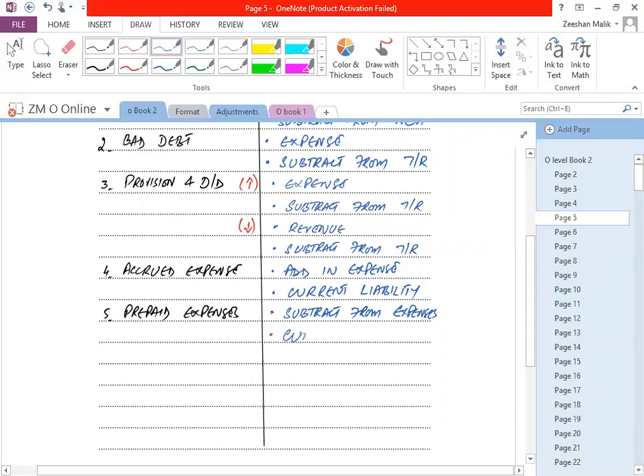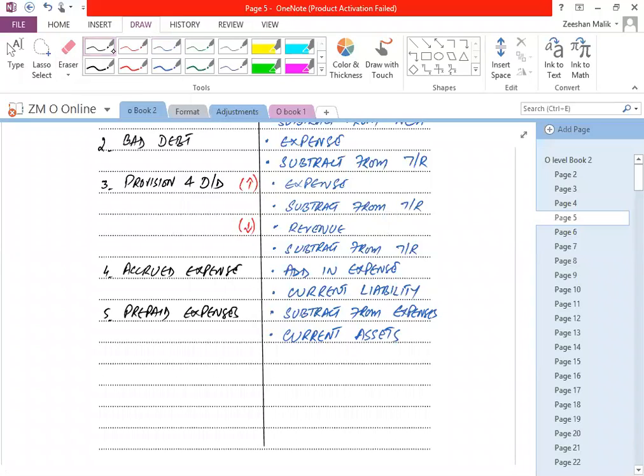And it's a current asset. Prepaid expenses is your current asset. You have paid in advance for your expenses. You have not yet incurred the expenses. They are not yet expensed, but you paid in advance. So it's become your asset, your current assets.